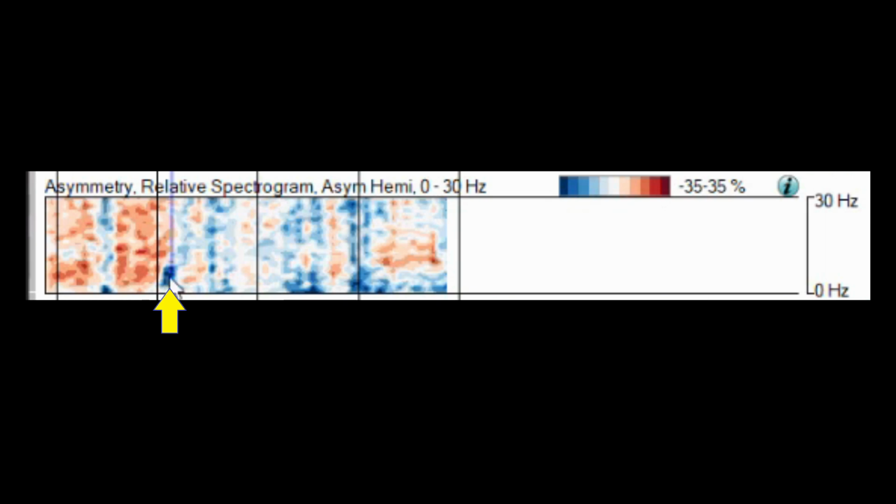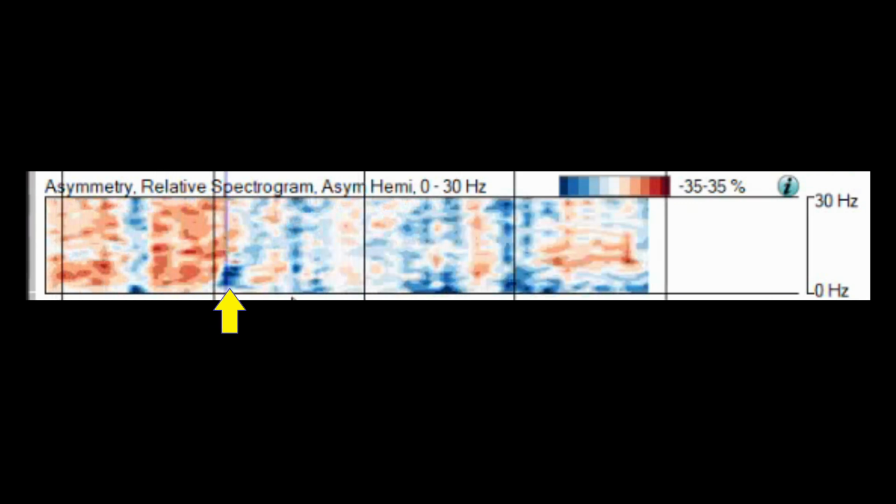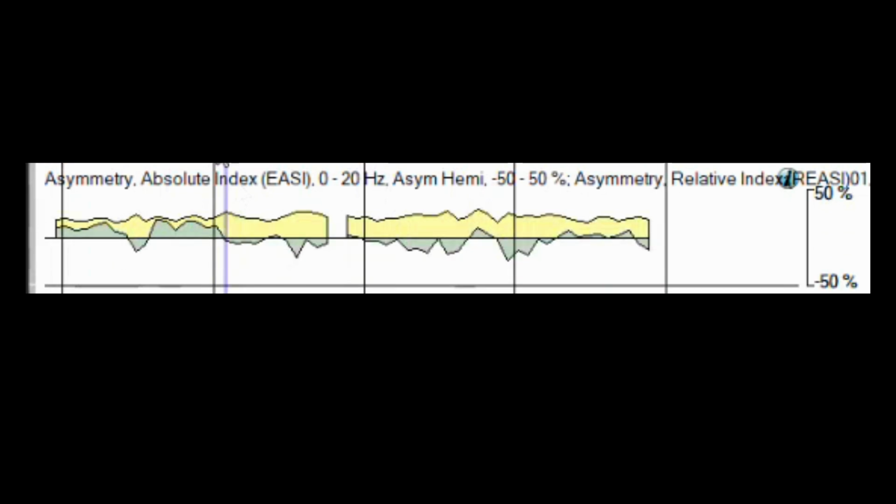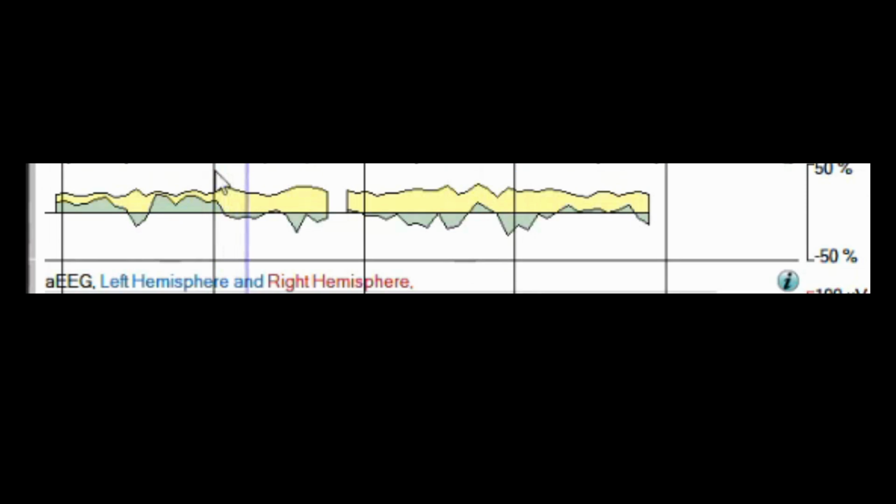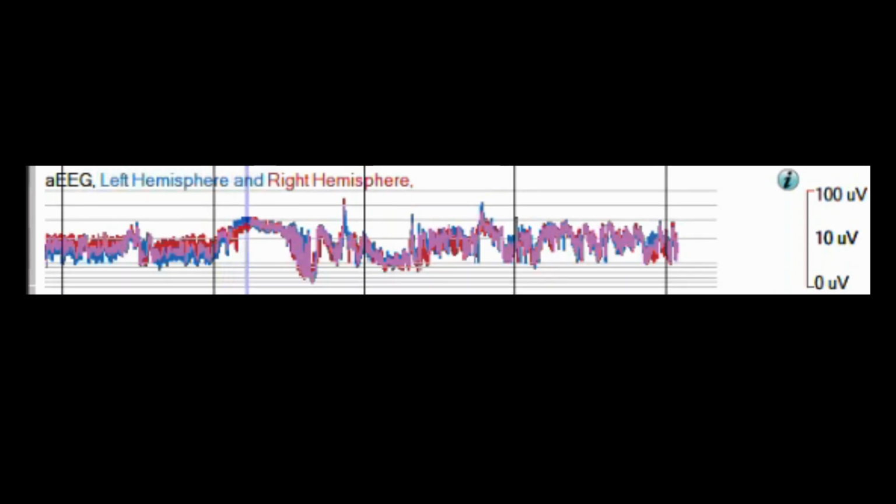If we change our time base and zoom in a bit and just say do 10 minutes of horizontal expanse, we can see the seizure evolve. We also have two asymmetry trends which are stacked on top of each other here. We have an amplitude trend.